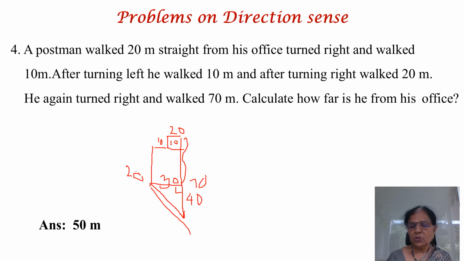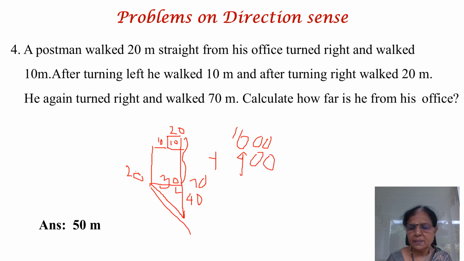So we know the formula, the Pythagoras theorem, that is h square is equal to b square plus p square. The perpendicular p is 40. 40 into 40, 1,600, plus 30 into 30, 900.